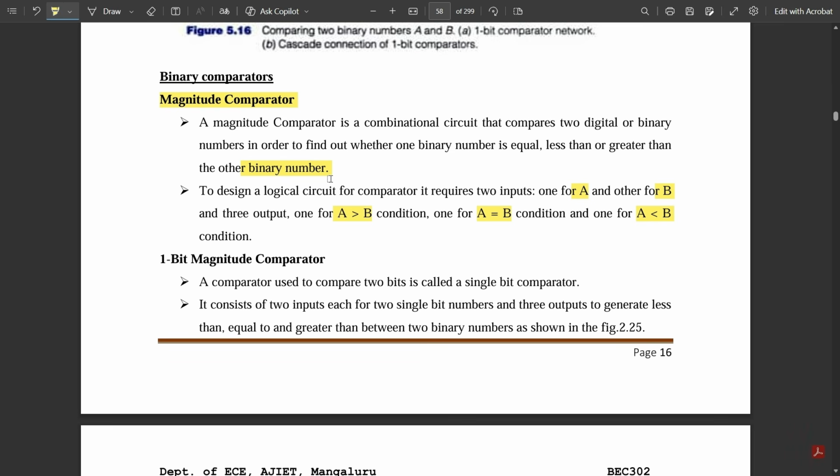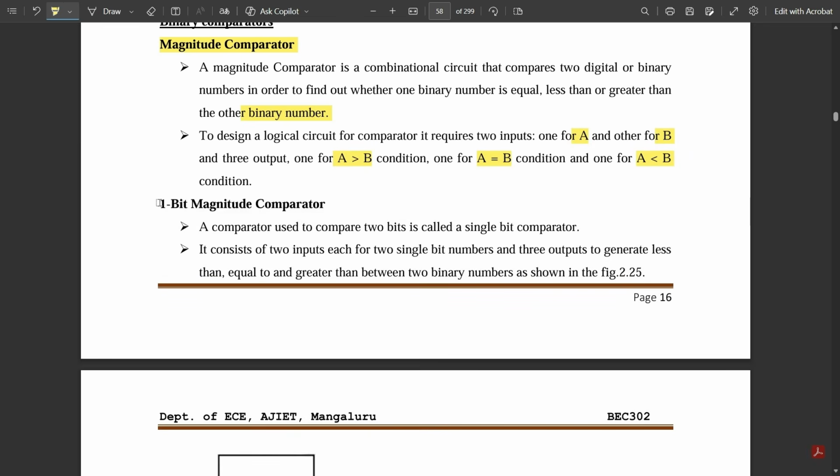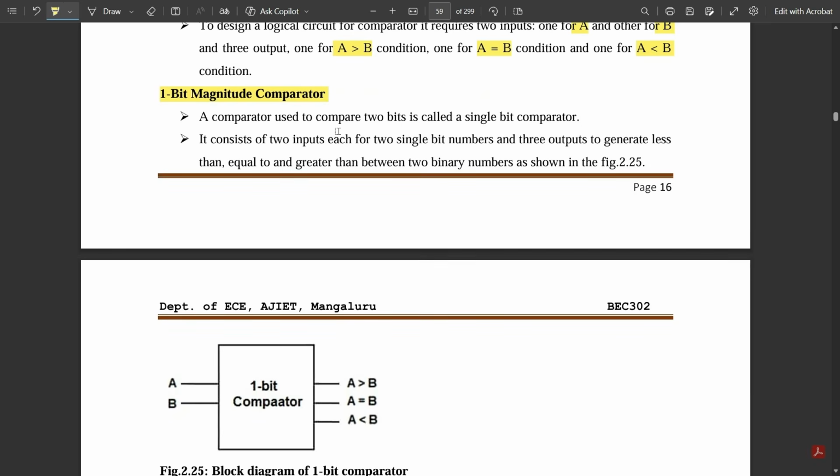You need to have three outputs here. Okay, one is for the greater, equal to, and less than condition for the inputs A and B. So this is the one bit magnitude comparator part. Let us see now what this is. A comparator used to compare two bits is called a single bit comparator. It consists of two inputs for two single bit numbers and outputs generated for less than, equal to, and greater than between the two binary numbers as shown in the below figure.